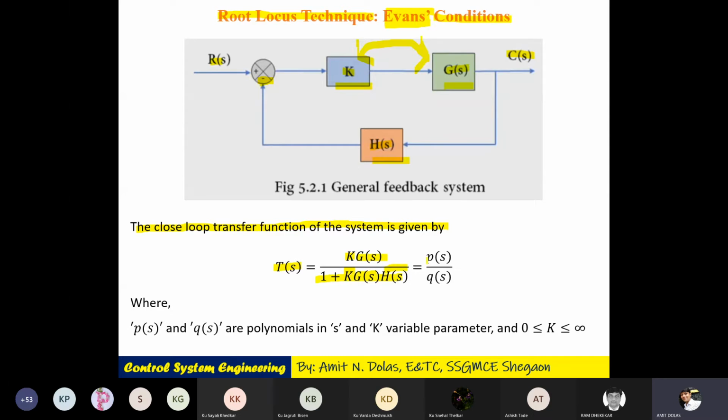So this is the numerator P(s), and Q(s) is the characteristic equation, which is the denominator, where P(s) and Q(s) are polynomials in s and K is the variable parameter. K may move from 0 to infinity.